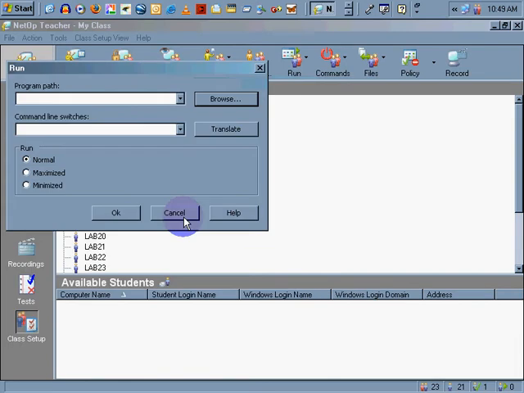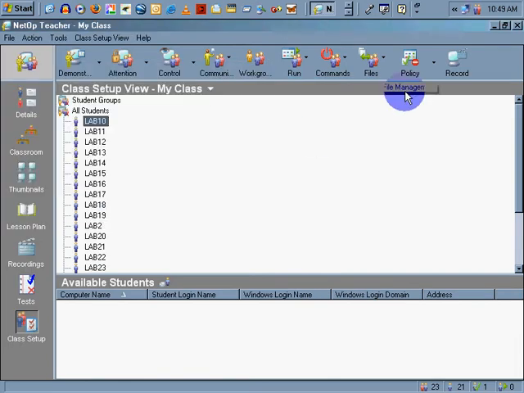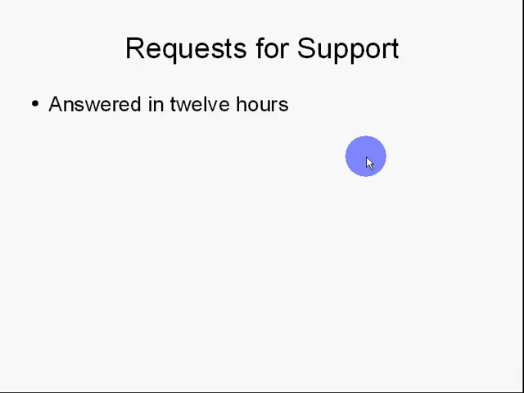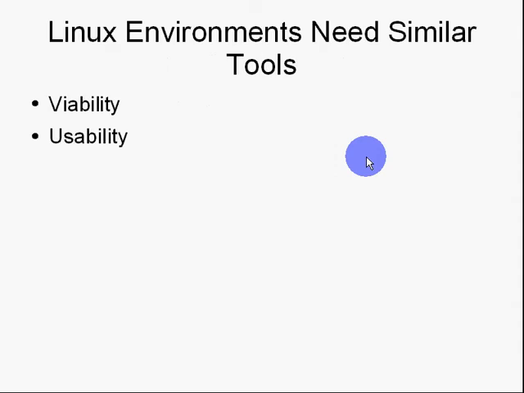Cancel. So all of these things are very cool, and what I'd like to see, I should let you know, is that the request for support came in about 12 hours, and that Linux needs to have something similar for the LTSP environments. I understand that NetOp does work under Linux, but I have not seen much documentation on that.